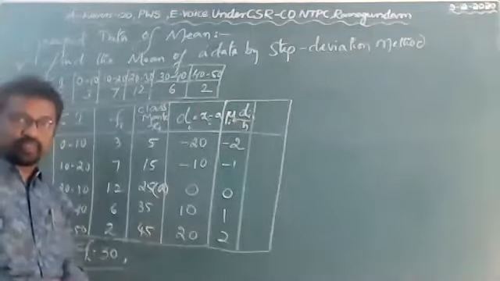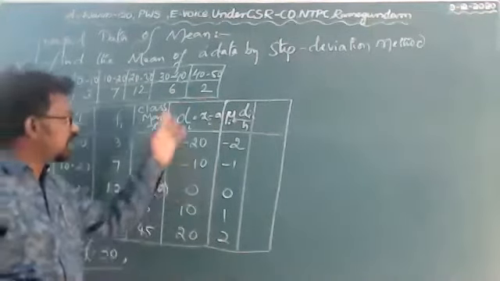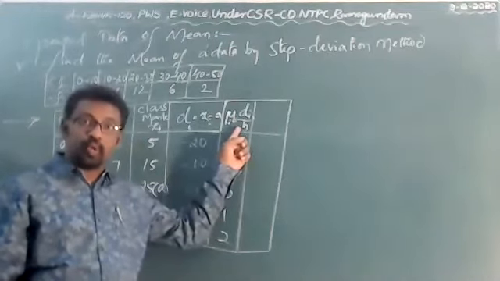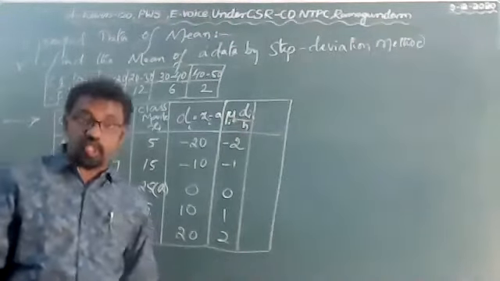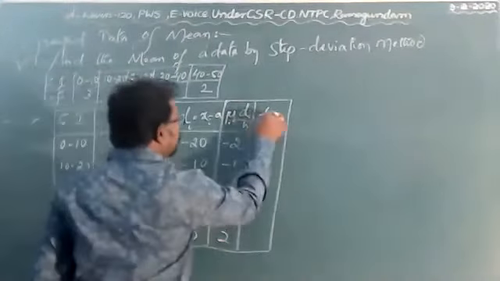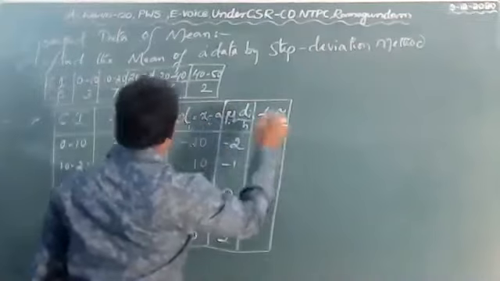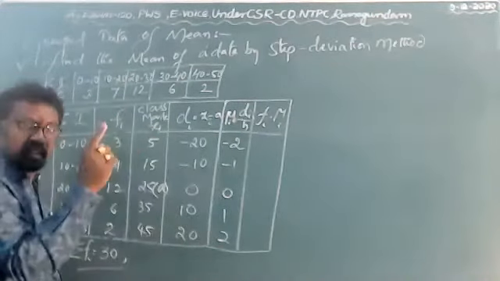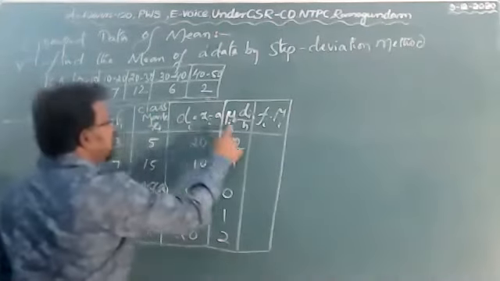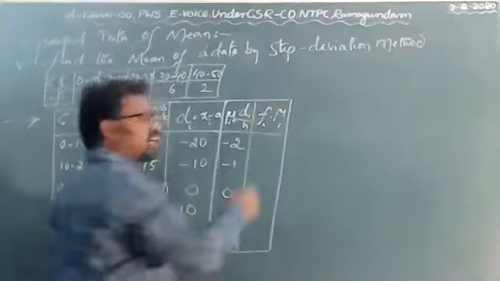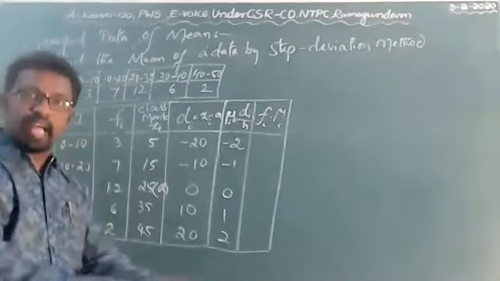In step deviation method, one more column is added, that is mu. Mu is nothing but d by h. Here we have to do f into mu. f into x we did in direct method, f into d in assumed mean method, f into mu in step deviation method. You will find this calculation is dead easy compared to the others.